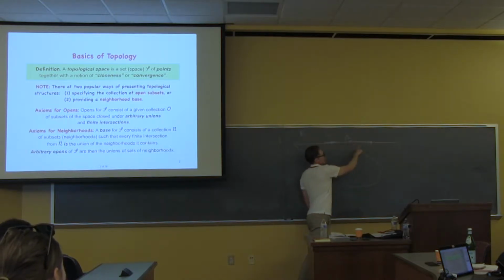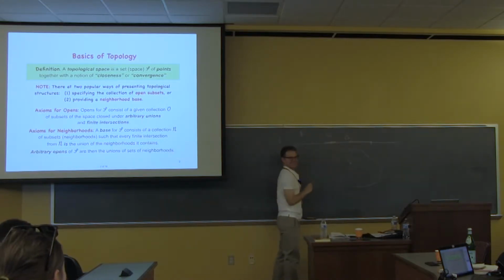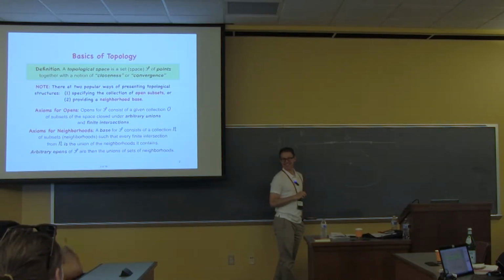But could we still describe this interval with just a whole bunch of these rational intervals? And the answer is yes. Why? We can take basically all the intervals that are decimal approximations of the square root of 2 as one of the endpoints.